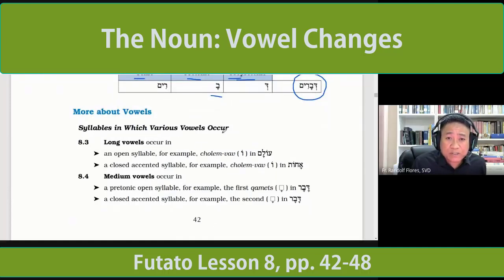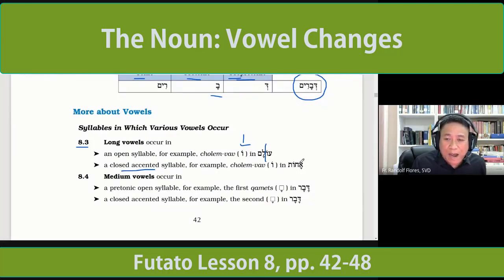Now, syllables in which various vowels occur. 8.3. Long vowels occur in an open syllable. For example, holem vav in olam. Okay. Olam is an open syllable with a long vowel. A closed accented syllable, for example, holem vav.